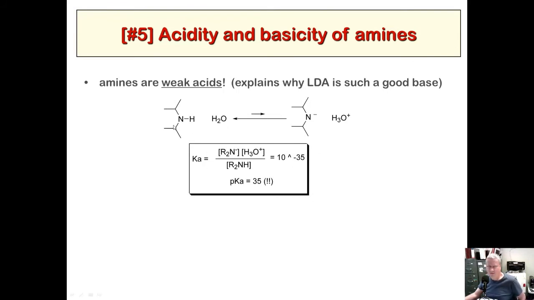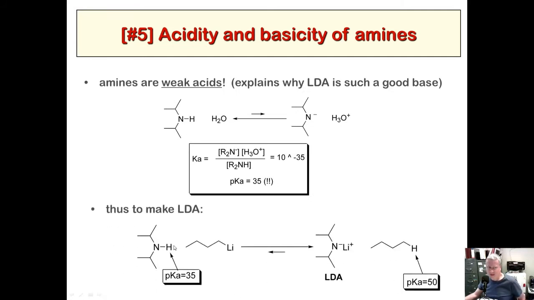It's very favored on the left, and that means that the right side molecule is very unhappy, right? And the pKa is 35. That suggests how unacidic this proton is. It's not a very acidic proton at all.